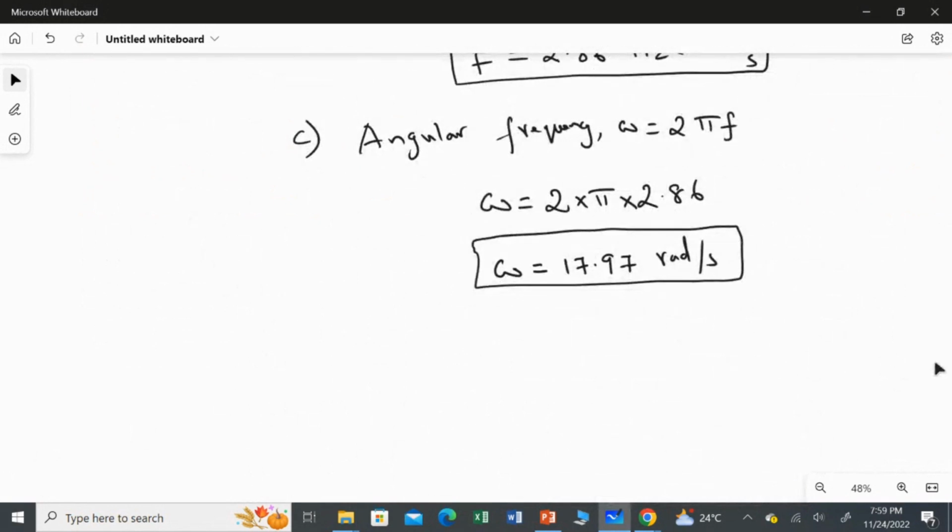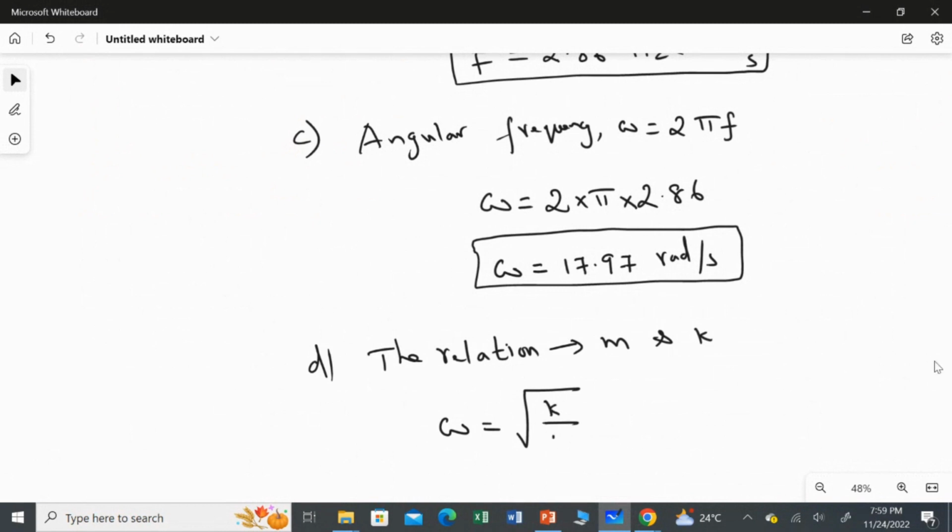So for finding the value of the spring constant, we have to use the relation connecting the mass and the spring constant, which is given by the rule omega is equal to square root of k over m, right? This is the rule we studied in the theory.